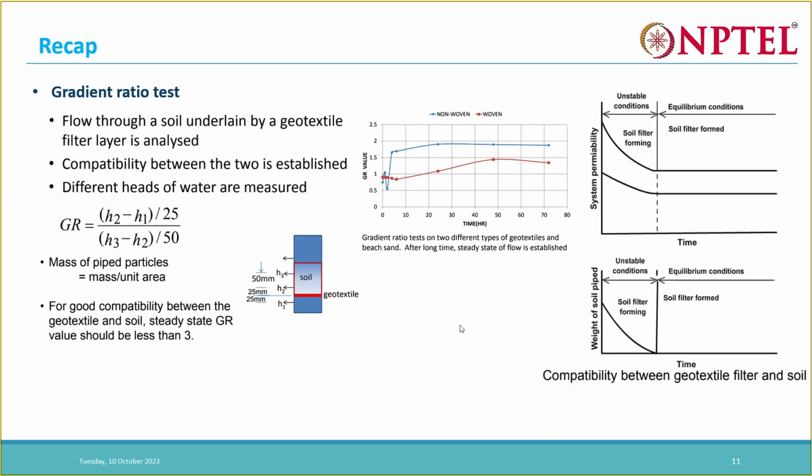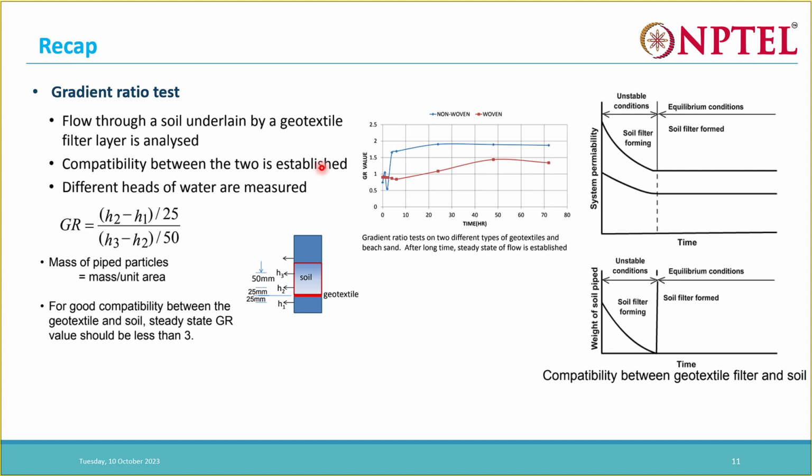Okay, now this is a very important test known as the gradient ratio test. So what is a gradient ratio test? We already discussed this previously also. In the gradient ratio test, we establish the compatibility between the filter and the soil.